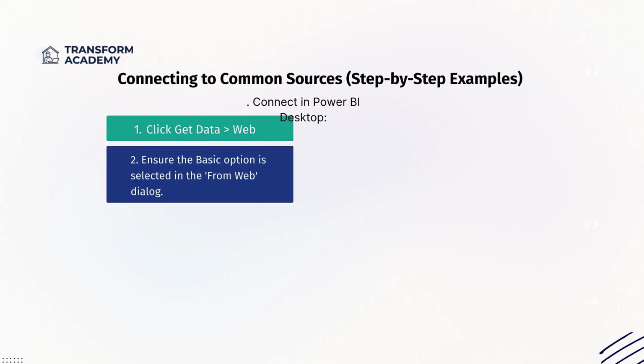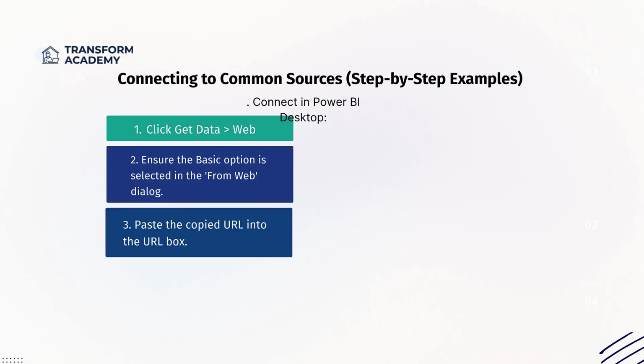Secondly, connect in Power BI Desktop. Click Get Data, click Web. Ensure the Basic option is selected in the From Web dialog. Paste the copied URL into the URL box.